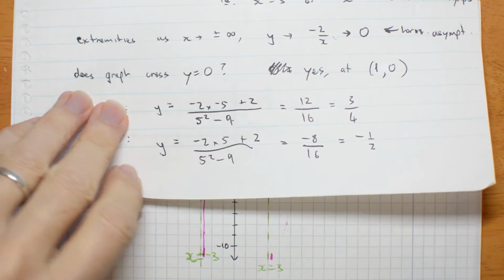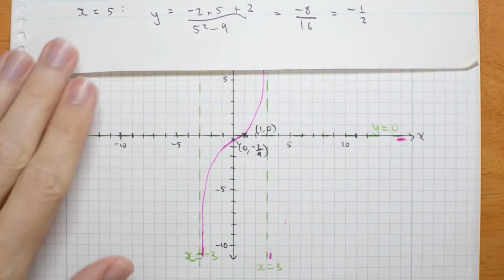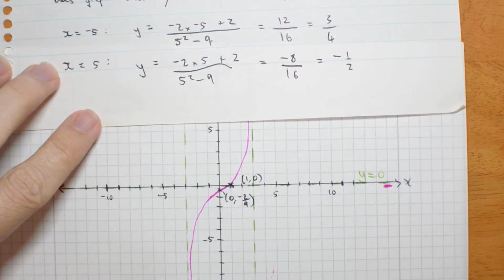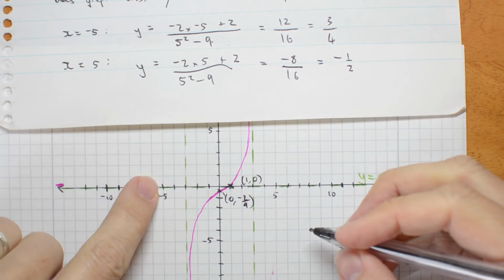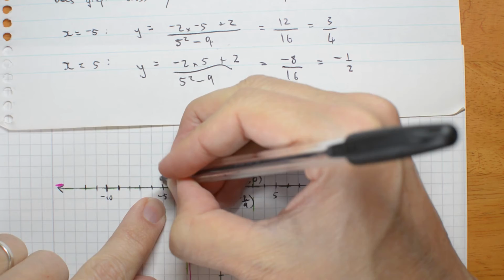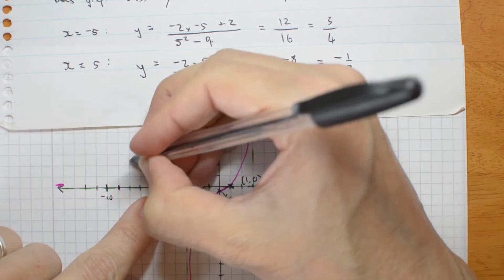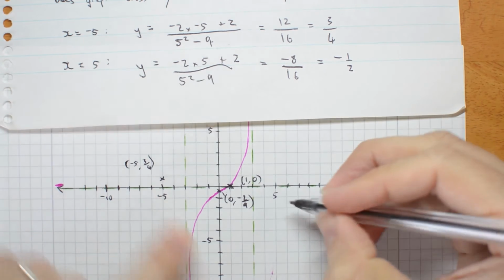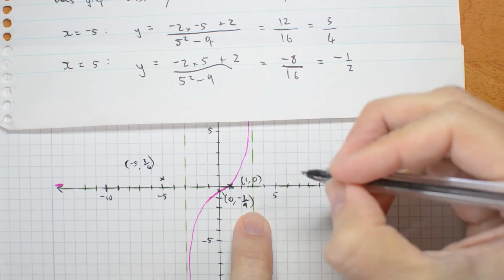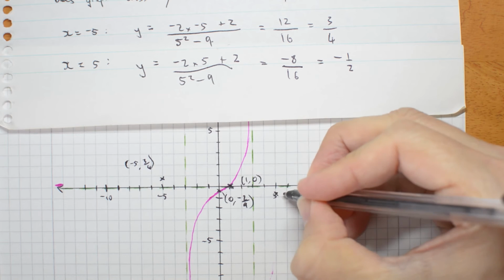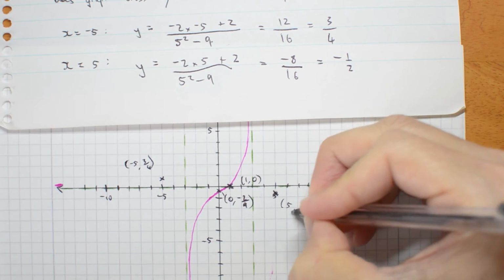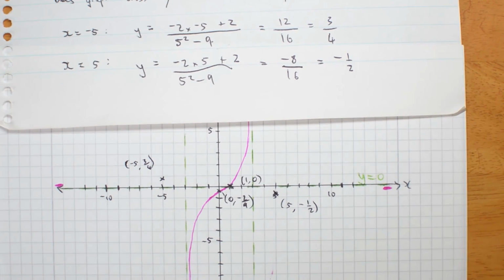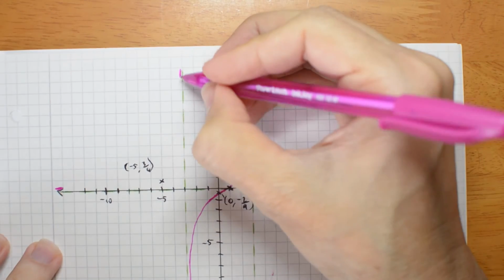All right, now put those points on my graph. Negative 5, 3/4. That's actually very low, isn't it? This one is 5, negative a half. Okay. Now join those up.